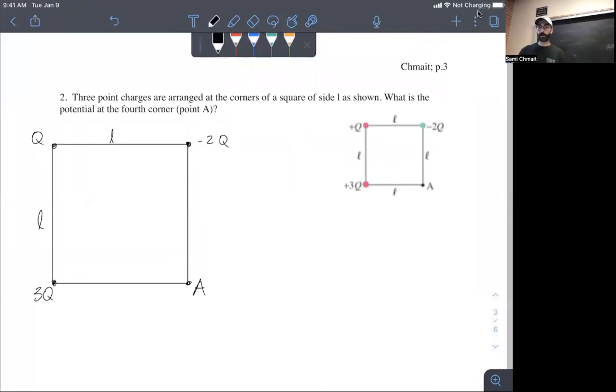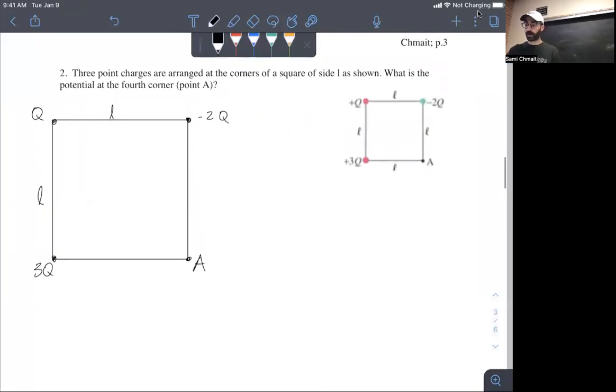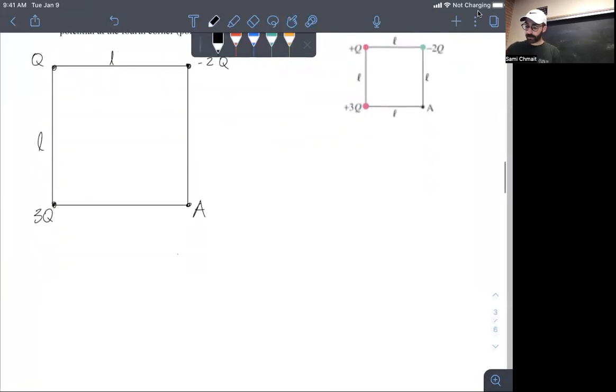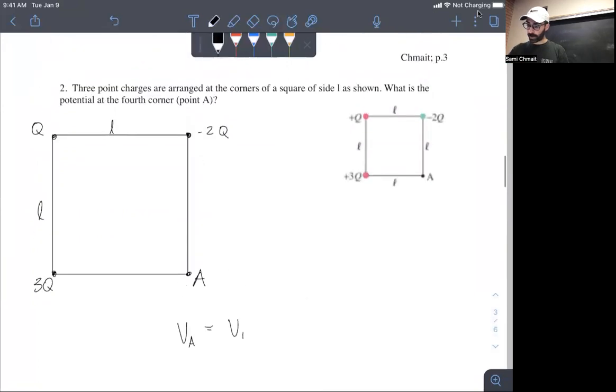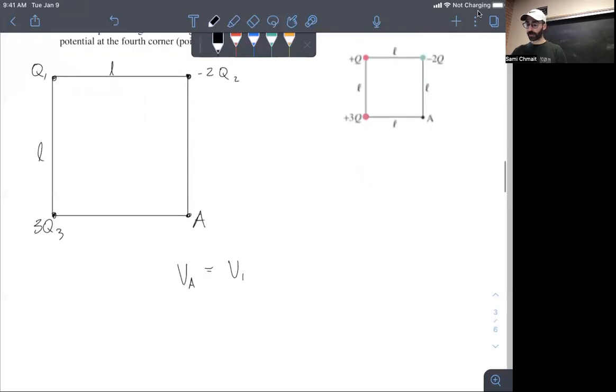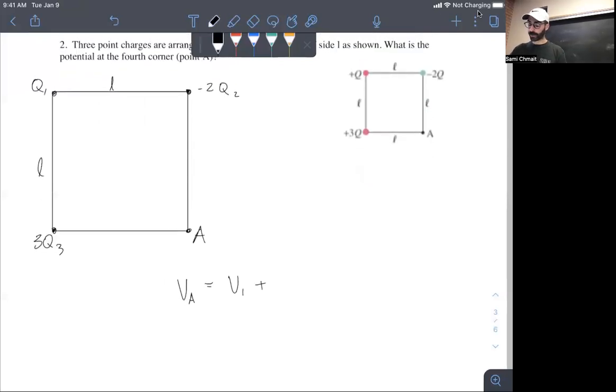Okay, so what we're asked is what's the potential? When we're asked for a potential, what are we solving for? We're solving for that V value, right? We know V at position A is equal to the sum of the contributions of the other charges at that position. So that's Q1, that's Q2, and that's Q3. Each of these charges has its relative voltage, V1 plus V2 plus V3.